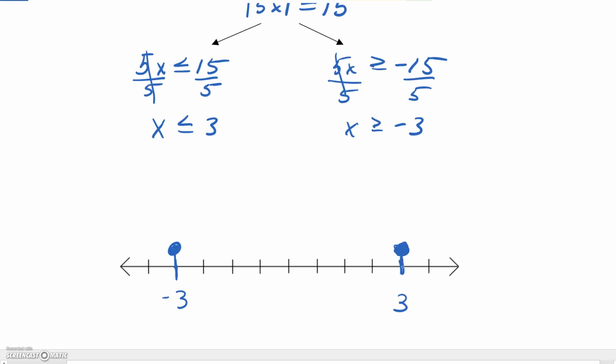And let's see, we're less than or equal to positive 3. So we've got to go this way. And we're greater than or equal to negative 3. So we've got to go this way. This is also an and inequality. And that solves that one.